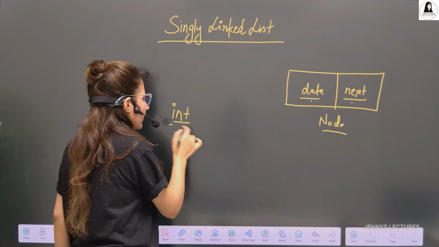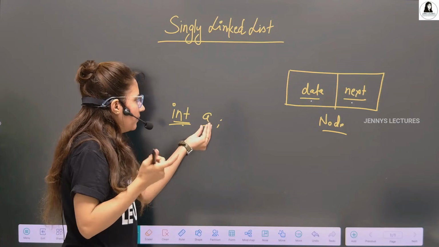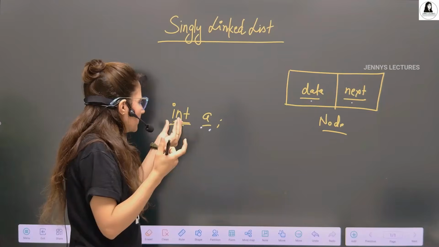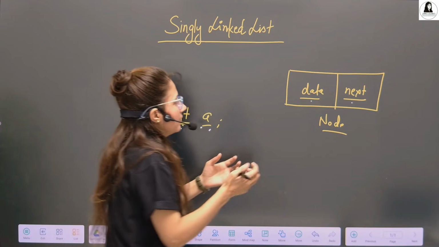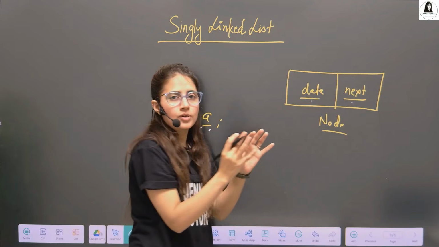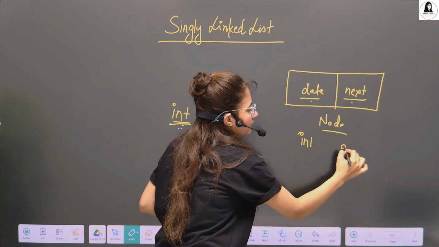For a simple variable also I can take int type. So we need the name of that variable plus the data type. But now here it's a complete node and here I'm storing this data. Suppose this is int and this is address.